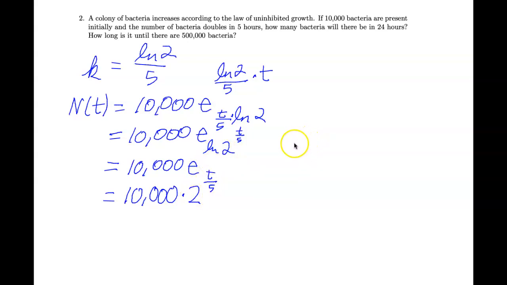So it's that property of, I think our author uses a to the log base a of x is equal to x. That's the property that I use from going from this step to this step. And so now the function just boils down to 10,000 times 2 to the t over 5. So you have another way to just rewrite your function.